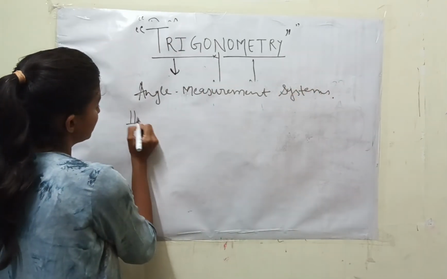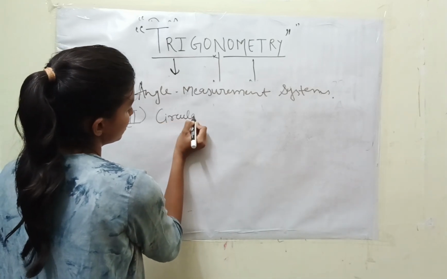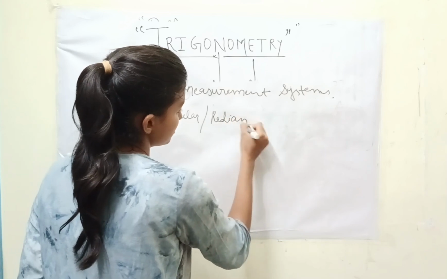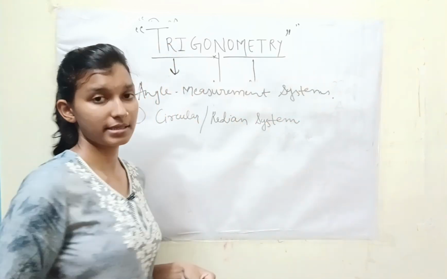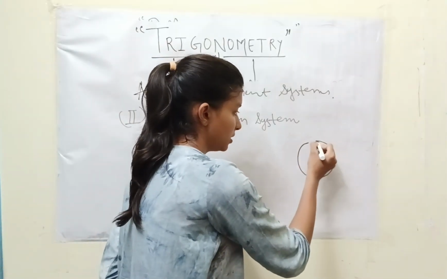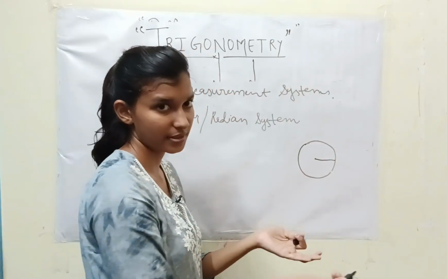The second system is a well known system, the circular or radian system. In this system, we define angle measurement with a unit circle or any circle of radius r.